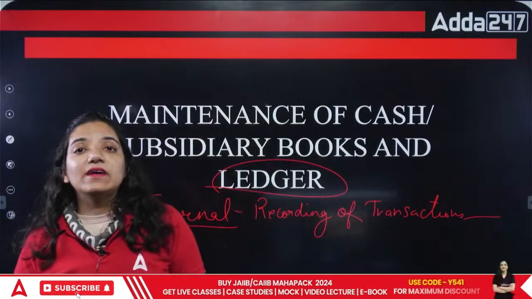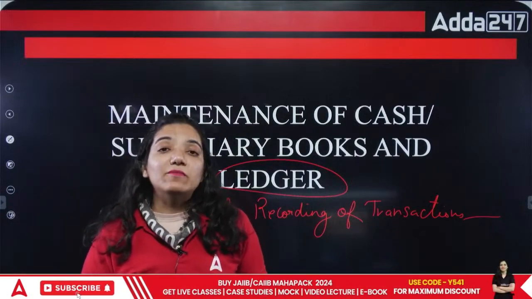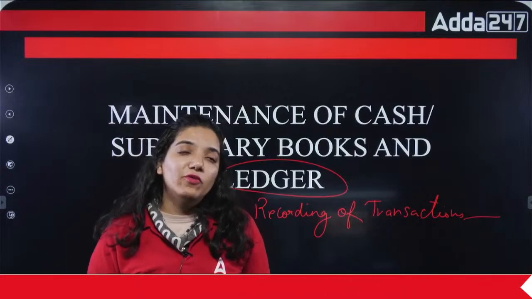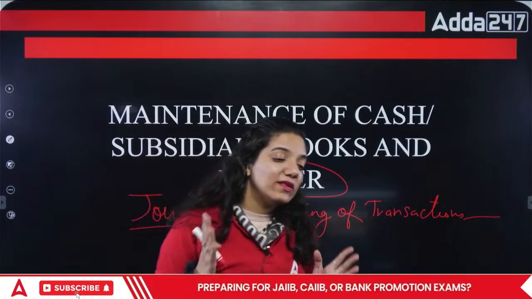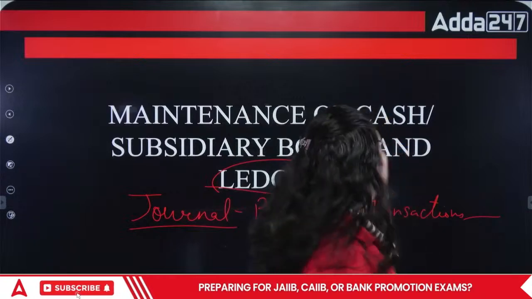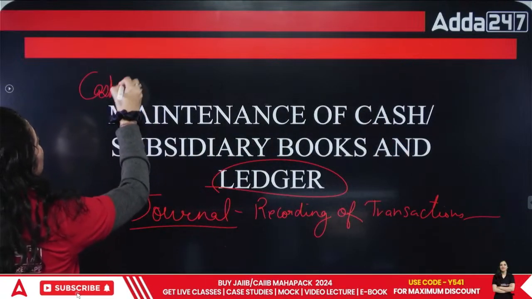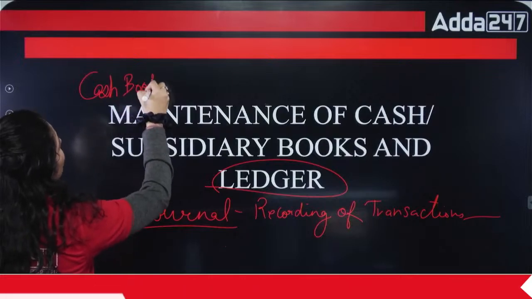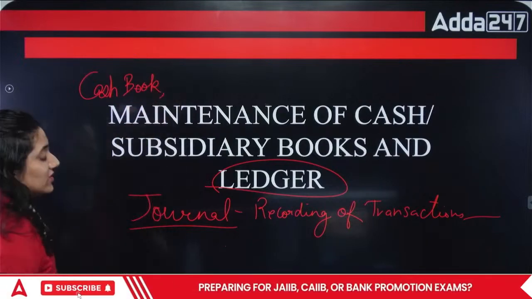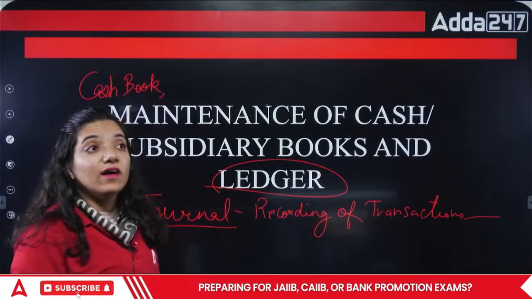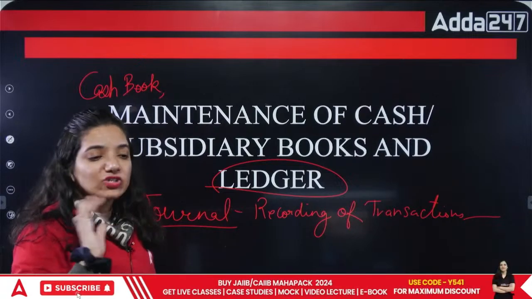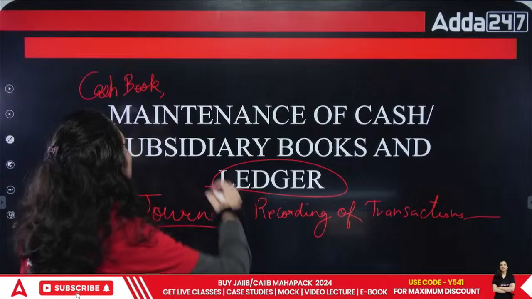So when they said create different notebooks, that means you have a different notebook for cash. All the cash transactions belong to the cash book. Then what are we left with? Purchase and sales.